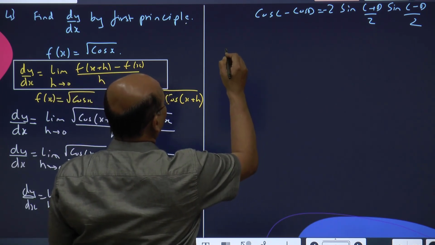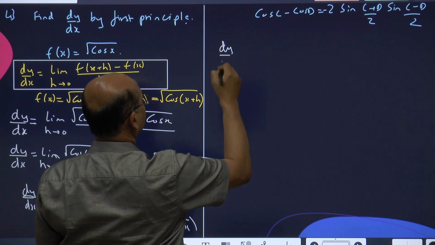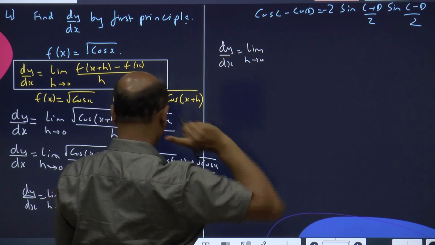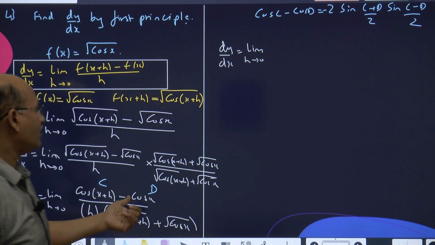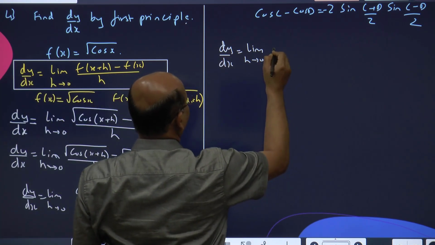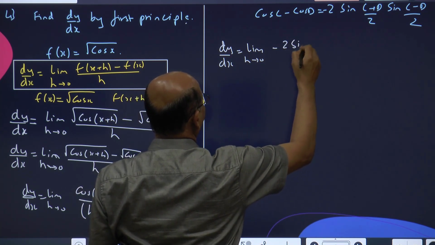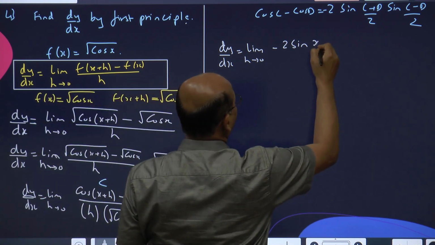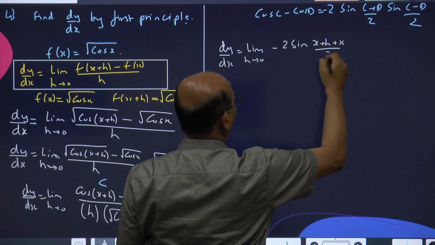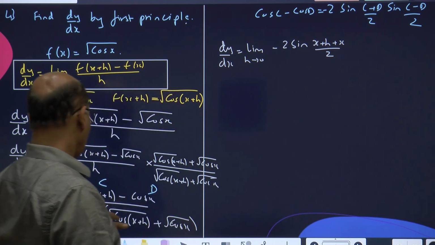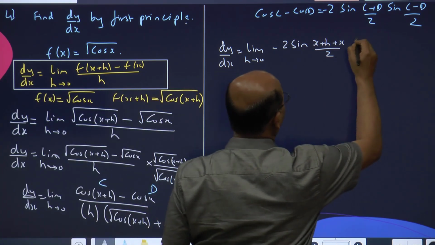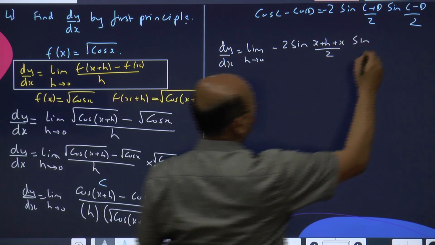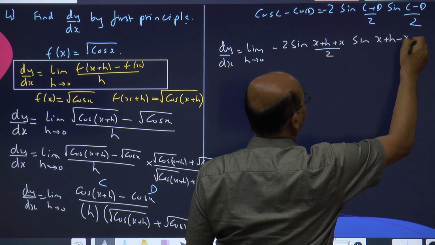So dy by dx is equal to the limit as h approaches 0. Please don't forget this method. Cos c minus cos d is minus 2 sin of (c plus d) by 2, so (x plus h plus x) by 2, then sin of (c minus d) by 2, so (x plus h minus x) upon 2.